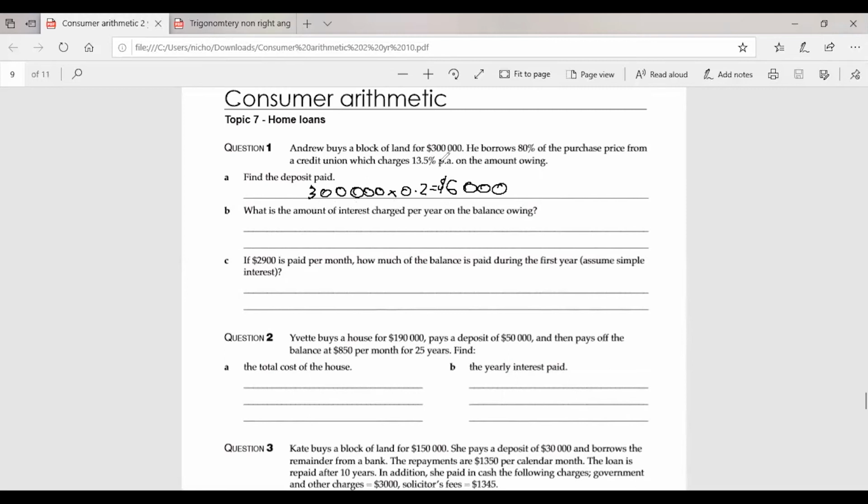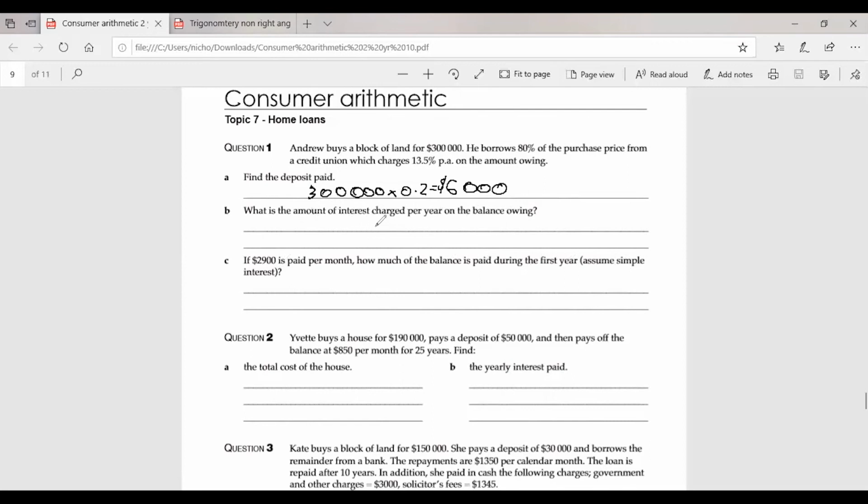So that is per year on the balance owing. One second, I just want to check if we have covered compound interest yet. Yes, we have. So on the amount owing, that's going to change each year. But here it says assume simple interest. Okay.